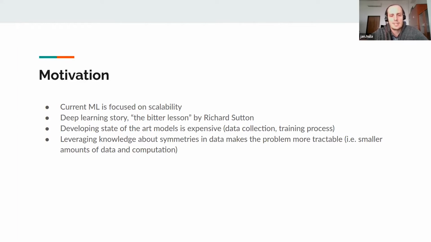So this is not research which some academic researcher would be able to do. So this is a motivation for other ways how we can somehow decrease the requirements for amounts of training data and amounts of computation, and this is where symmetries in the data come into the picture.